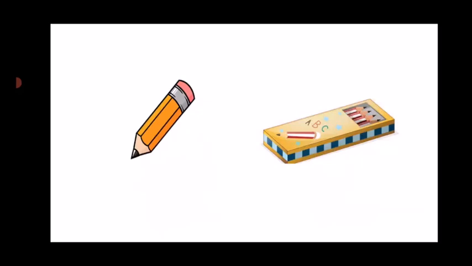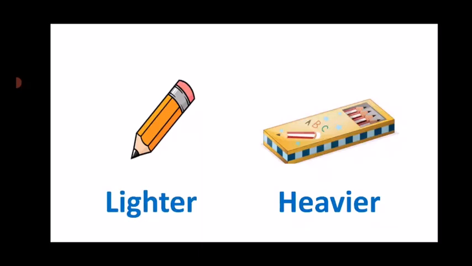Therefore, the pencil is lighter than the pencil box. Or we can also say that the weight of the pencil box is more than the weight of the pencil. Therefore, the pencil box will be heavier than the pencil. So the pencil box is heavier than the pencil and the pencil is lighter than the pencil box.